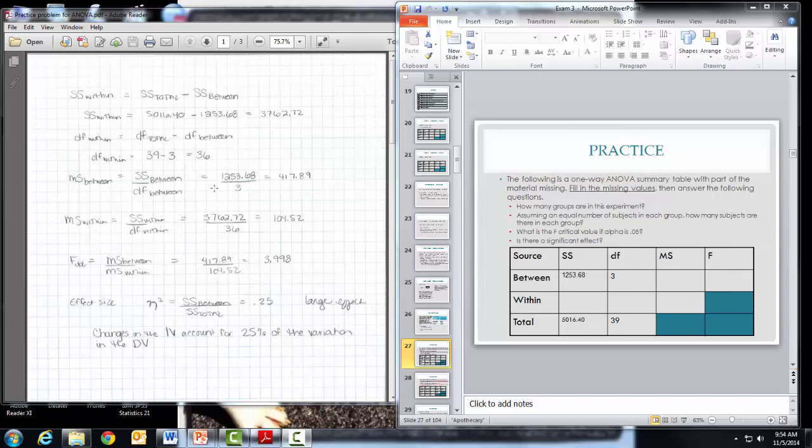I've got the 1253.68 in sums of squares between divided by 3, and that gives me a 417.89. And I'm going to put that in the mean squares between. And then mean squares within, I've calculated sums of squares within is this top number, and the degrees of freedom within at the bottom number, and so I'm going to divide, and I'm going to get a 104.52.